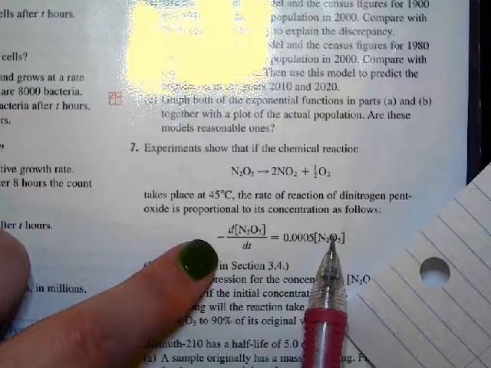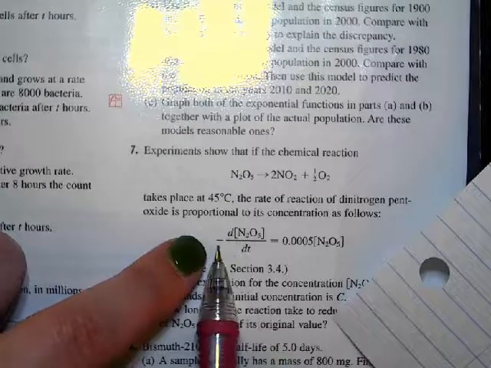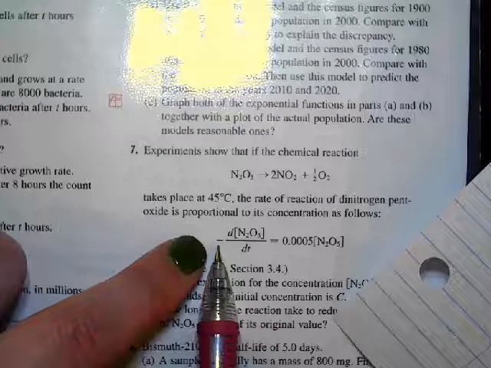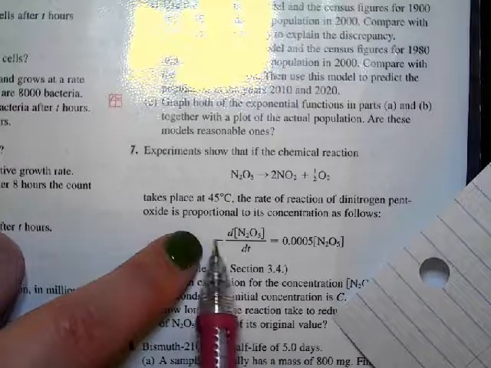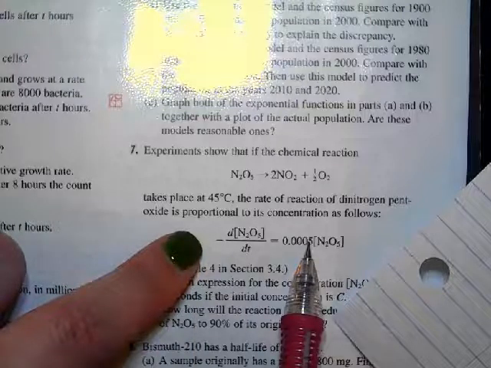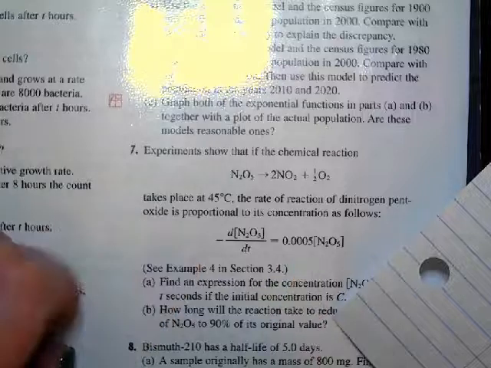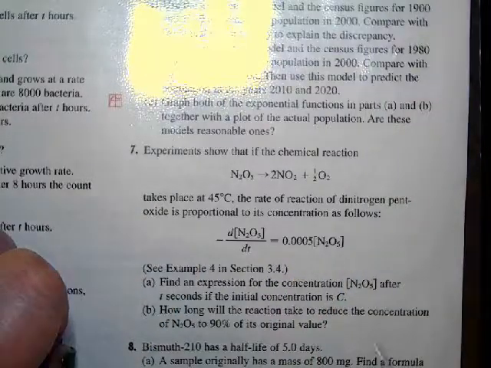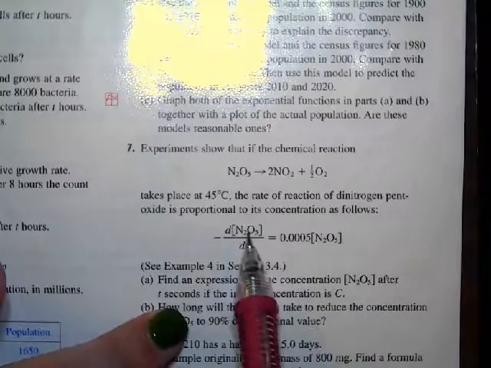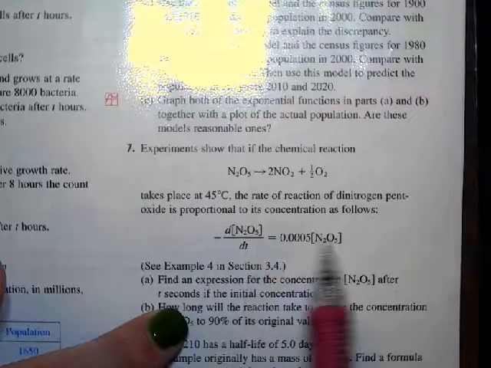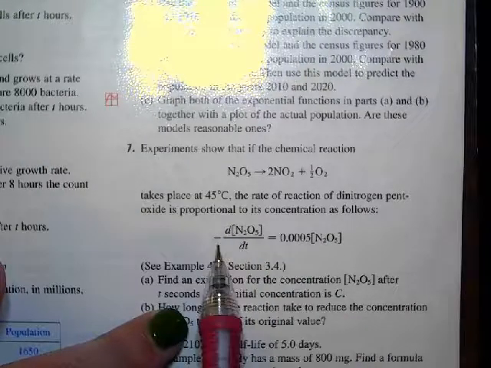So what I did is I moved the negative to the other side. So I thought of this as like a y, dy/dt, this is ky, except this negative needs to move over here. So if that is the case, then what's your k value?